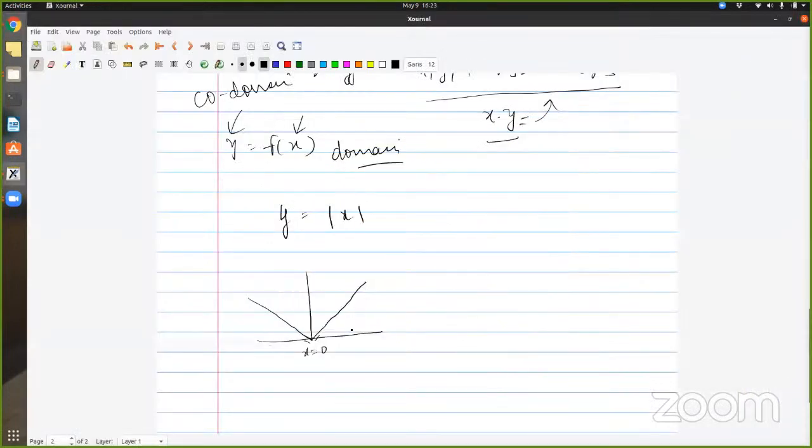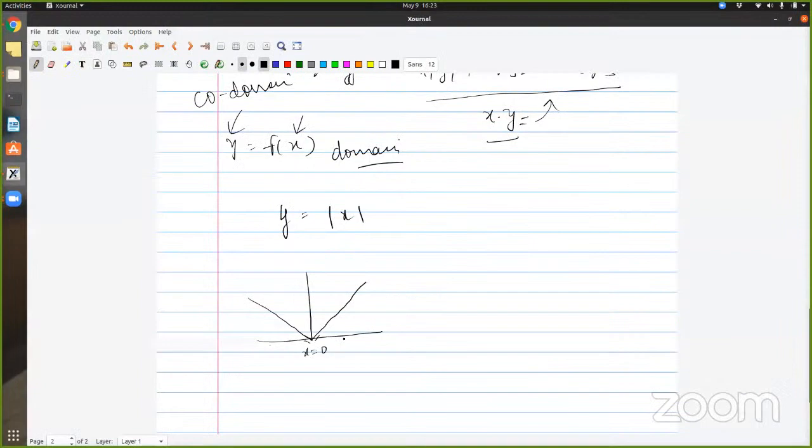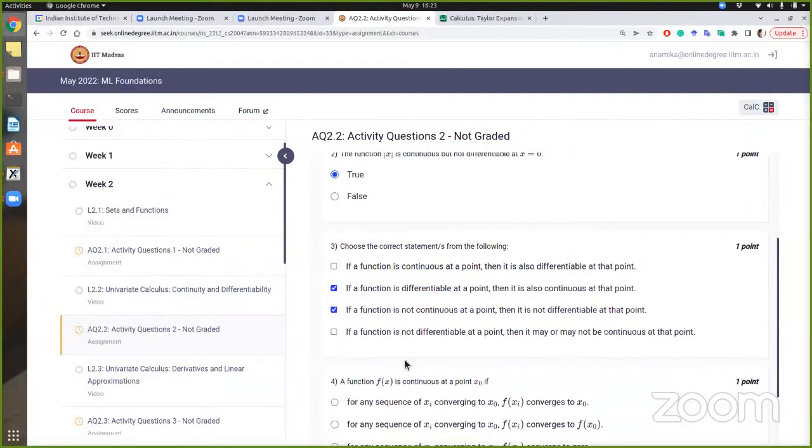You saw this example, modulus x. The function is not differentiable, but it is continuous. A function that is not differentiable could also be discontinuous. So both options could be there. So the last three choices will be correct.